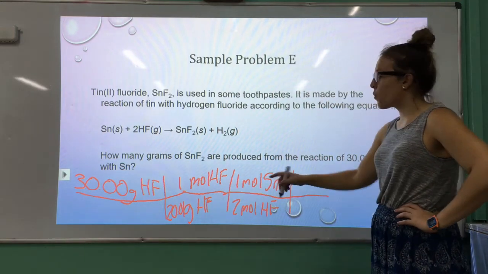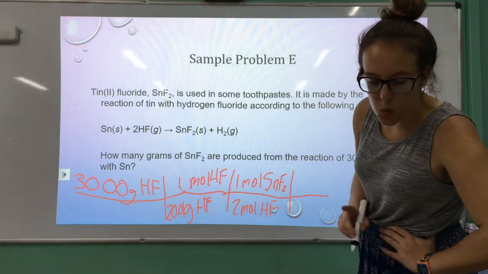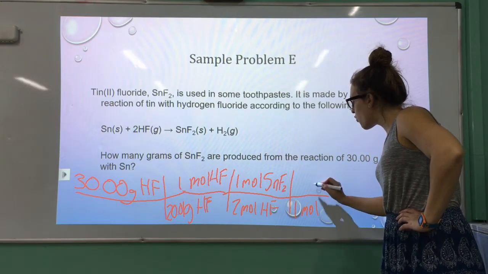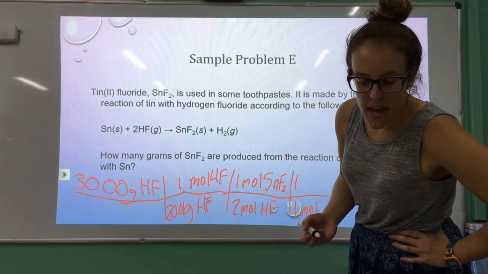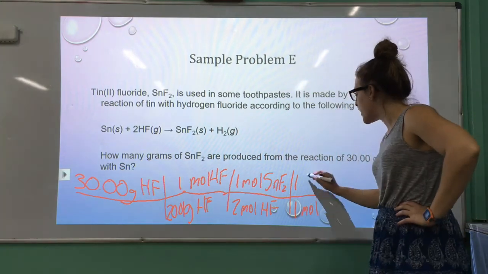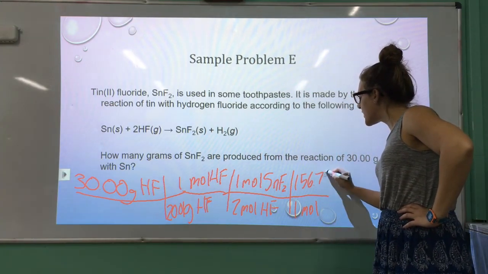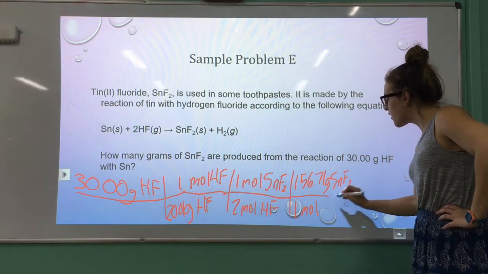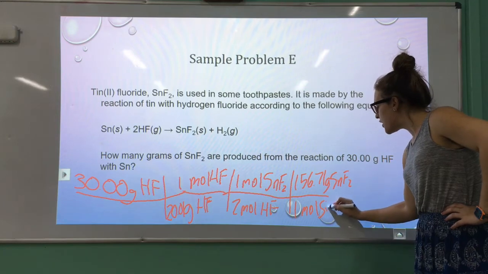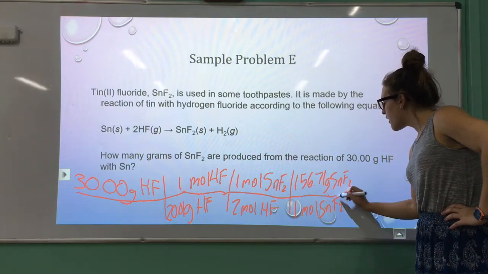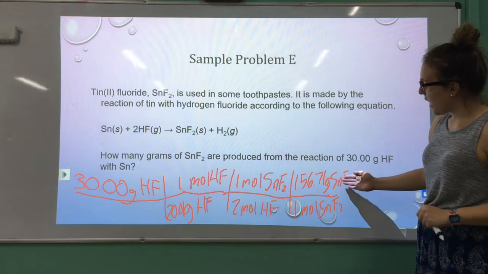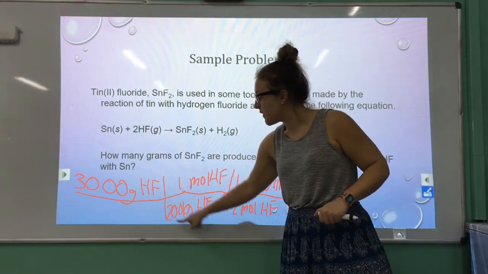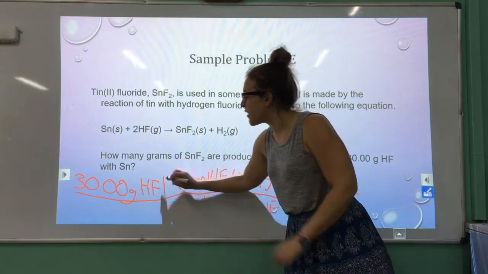But now, we're not done yet because we don't just want moles. We want grams. So we need to know the molar mass of tin(II) fluoride, which is 156.71 grams per mole of tin(II) fluoride. We put the mass on the bottom here because we need to divide by the grams to cancel them out.